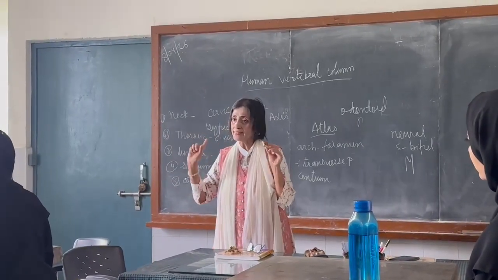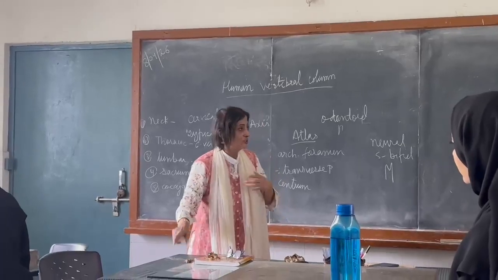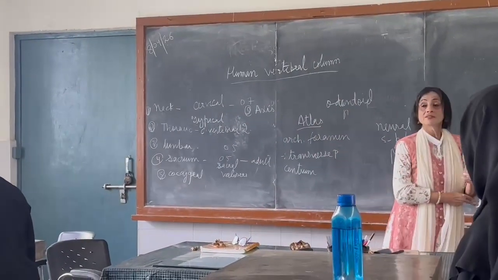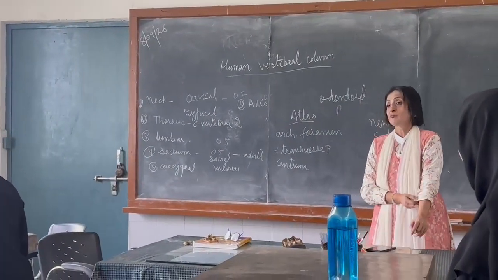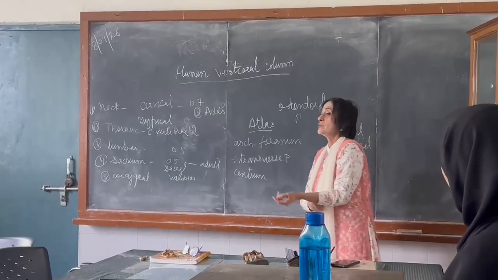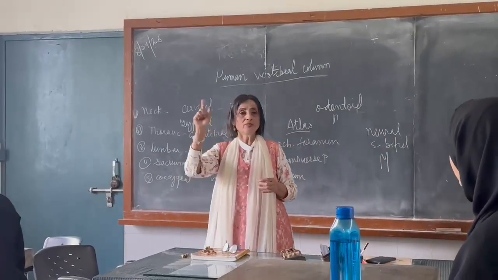First thoracic. Clear? Now I am moving to the thoracic vertebrae, where ribs are present. From the thoracic cage, they are 12 in number. So thoracic T1, T2, T3.